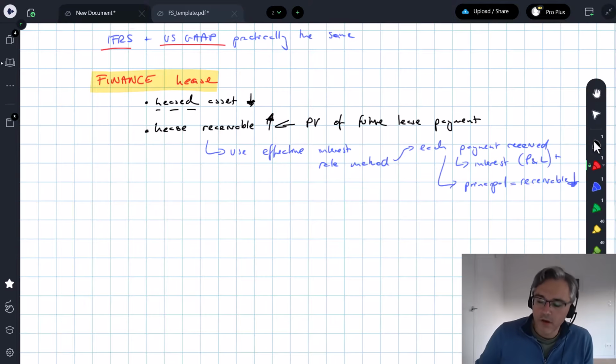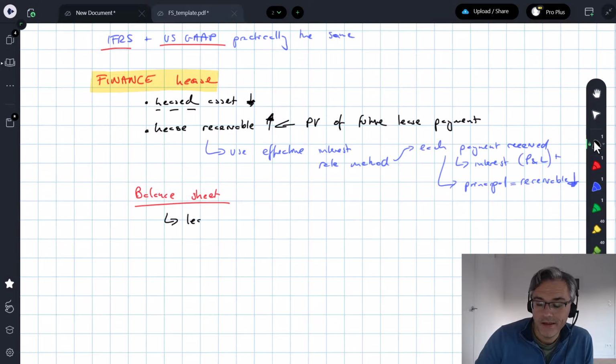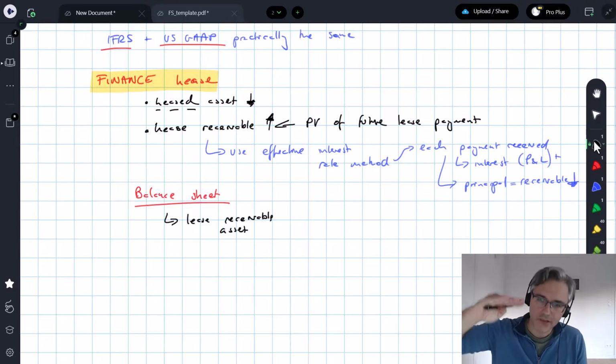So, in the balance sheet, the lessor has a lease receivable asset, which goes down as repayments are received.